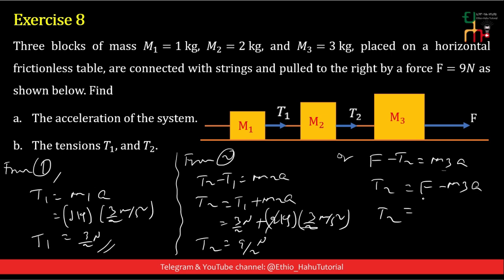Tension T2 is equal to F, 9 Newton, minus M3, 3 kilogram, times acceleration, 3 over 2 meter per second square. 3 times 3, 9 over 2. 9 Newton minus 9 over 2 Newton is equal to 9 over 2 Newton, tension T2. Therefore, the acceleration of the system is 3 over 2 meter per second square, whereas the tensions T1 and T2 are 3 over 2 Newton and 9 over 2 Newtons respectively.